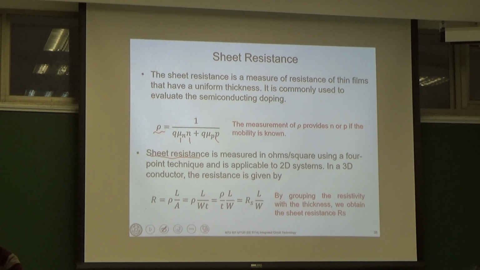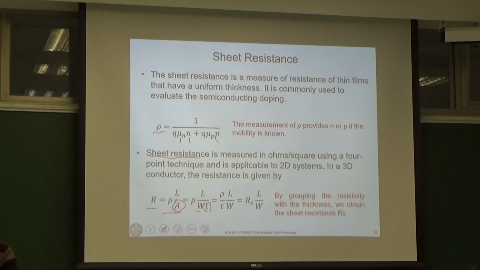We can write the bulk resistance in this formula, and the area we can use W and T to describe. W is the width, and T is the thickness.